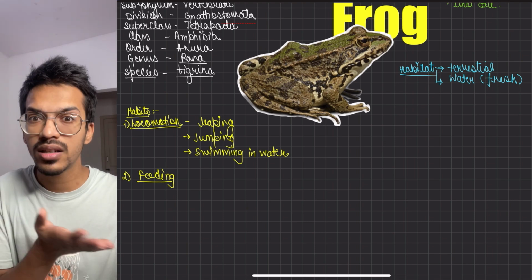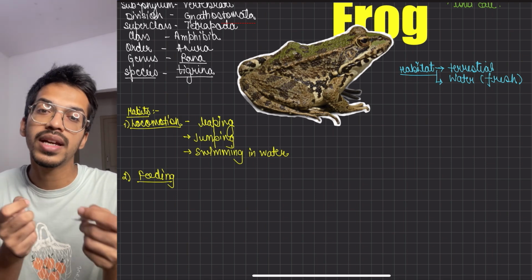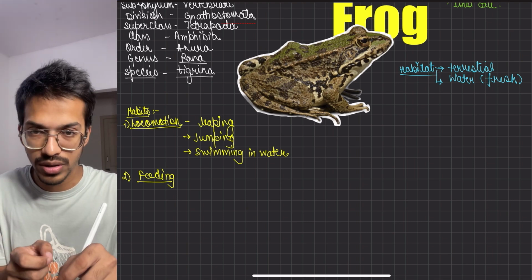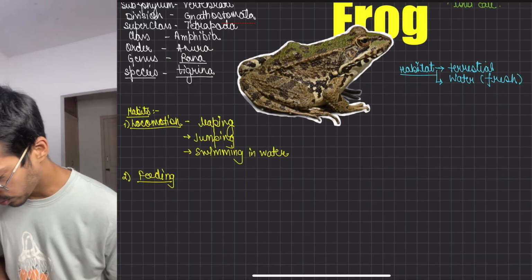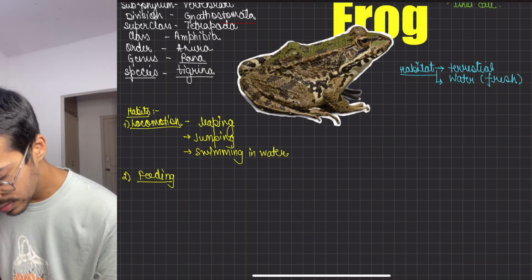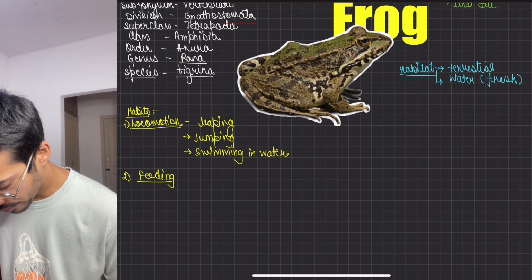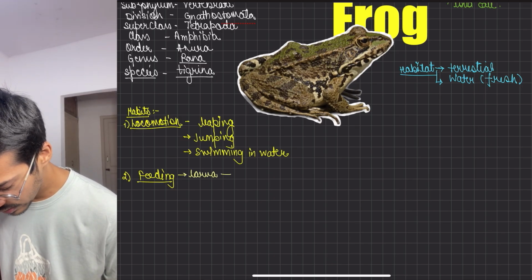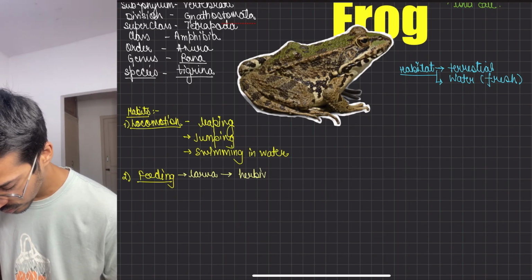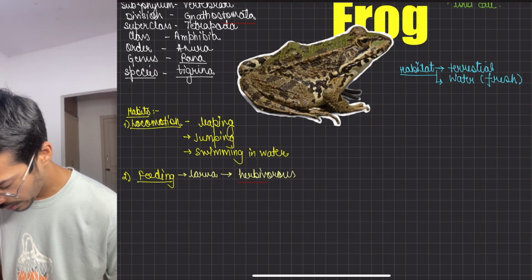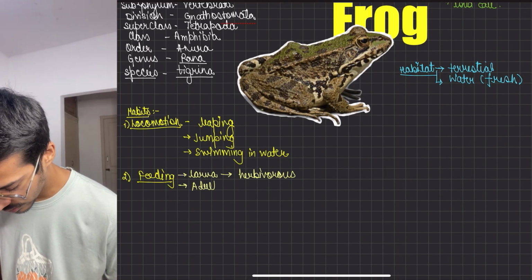But when it comes to the adult, when it's a frog, it is carnivorous. It feeds on insects and things like that. So in this topic, the larva is herbivorous, whereas the adult is carnivorous.